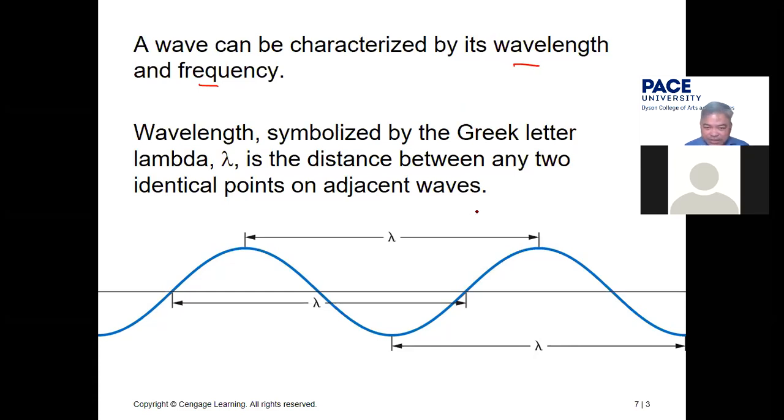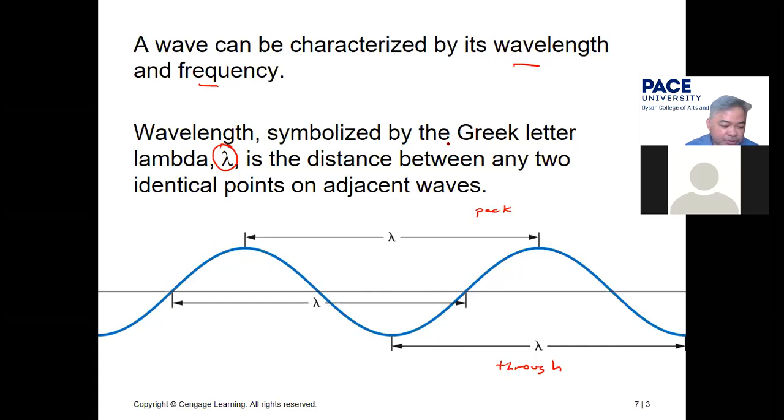It can be the peaks here, it can be the trough, the lowest point, or any identical point that you have. And usually, a wavelength is described by lambda.